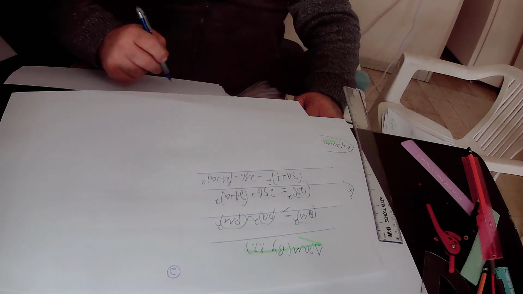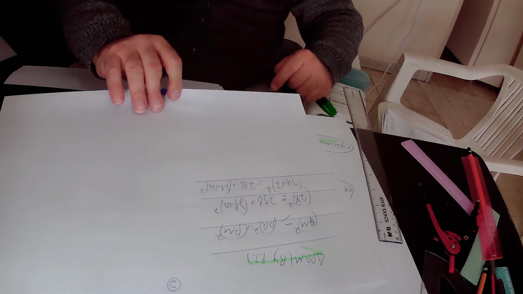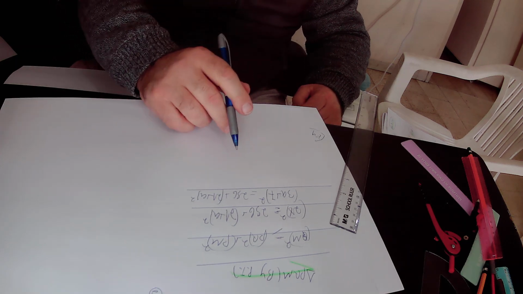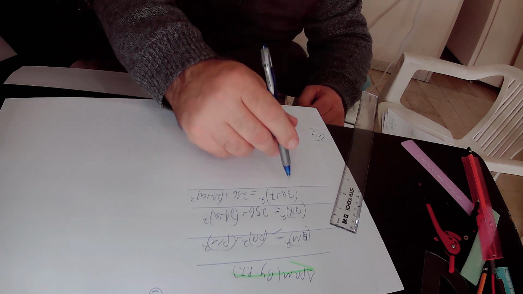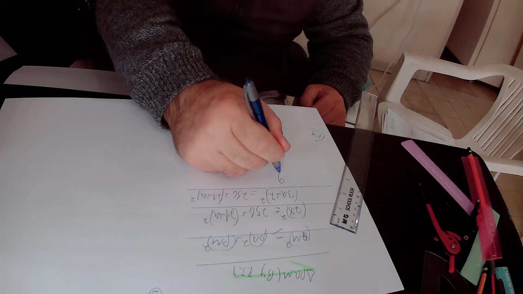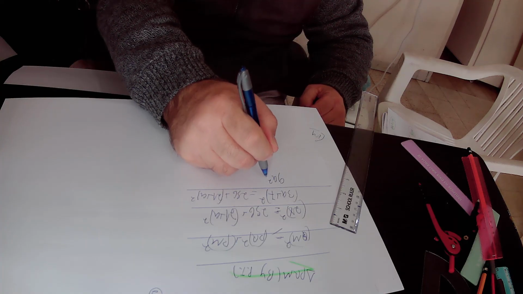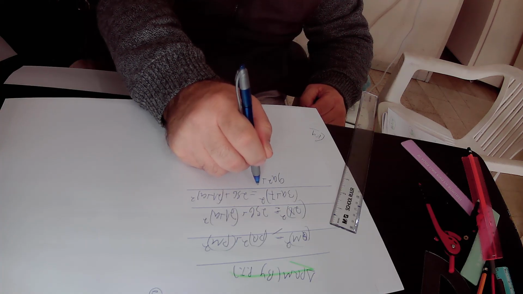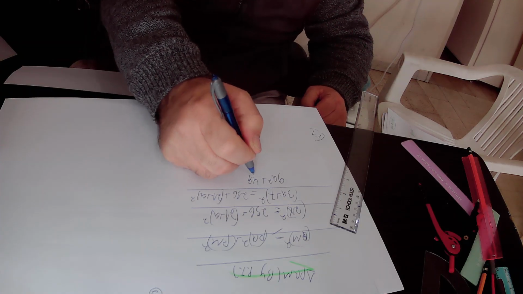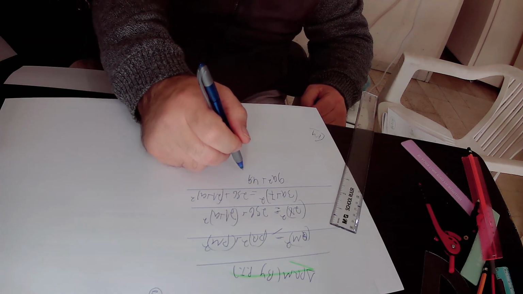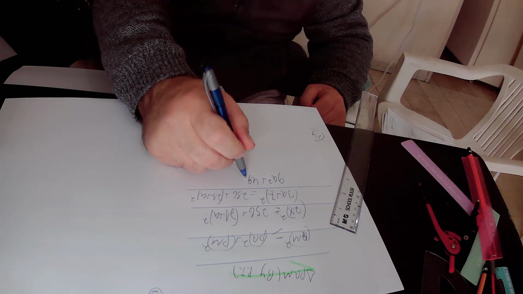Now we open the brackets on both sides of this equation and we get that 3a plus 7 squared equals 3a squared, that is 9a squared, plus 7 squared, that is 49, plus 2 times 3a times 7. 2 times 3a is 6a, 6a times 7 is 42a.